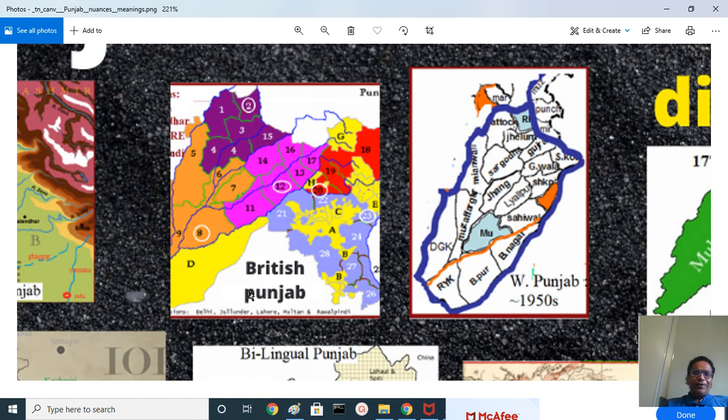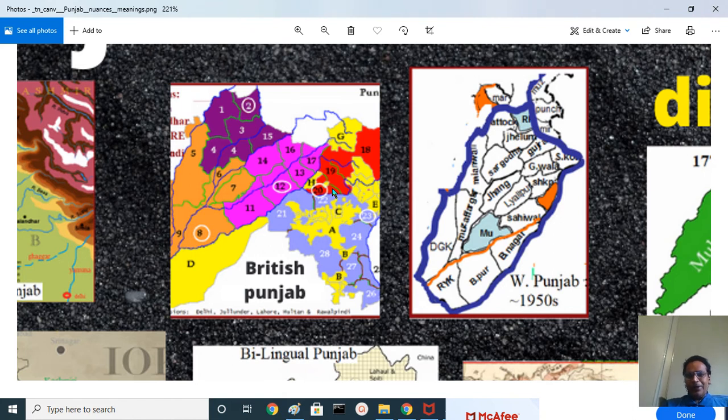It has 5 divisions: Northern Rawalpindi division, Western Multan division, Central Lahore division, and Southern Haryana division or Delhi division or Ambala division. Those 3 names are used most of the time. Then the Jalandhar division, and that is the British Punjab.